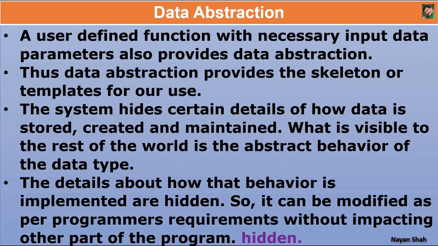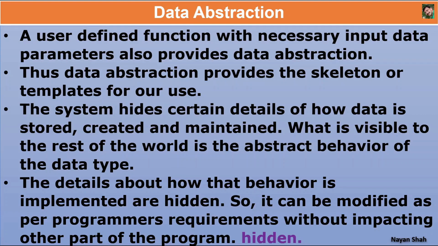So what we mentioned over there was only that when the submit button is clicked, this function will get executed. But what is written in that function was kept hidden at that place. So implementation was kept hidden. So a user-defined function with necessary input data parameters also provides data abstraction.